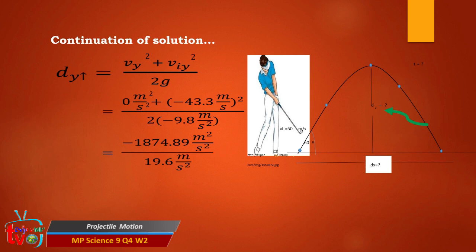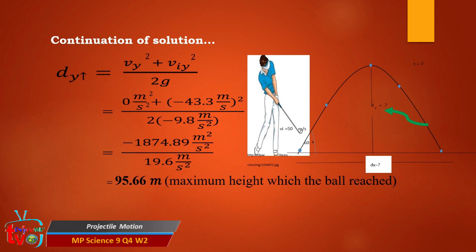Substituting the given, we have 0 meters per second, which is the velocity at its maximum height, plus negative 43.3 meters per second raised to the second power, which is the initial velocity of the golf ball, all over 2 times negative 9.8 meters per second squared. I repeat, the negative signs indicate direction, which is then equal to 95.66 meters. That is the maximum height which the ball has reached.